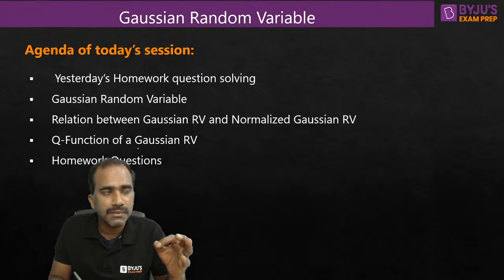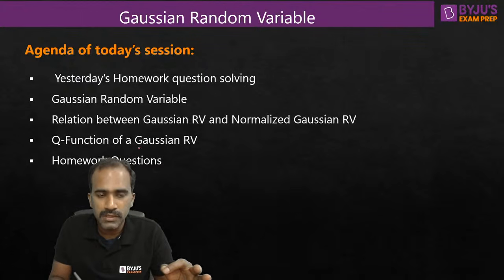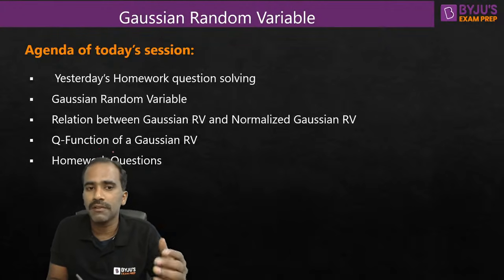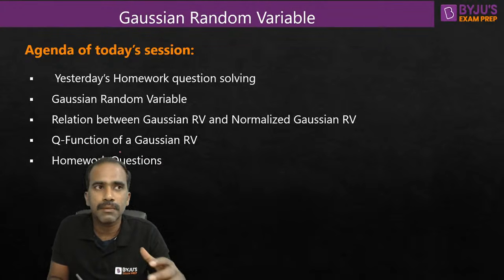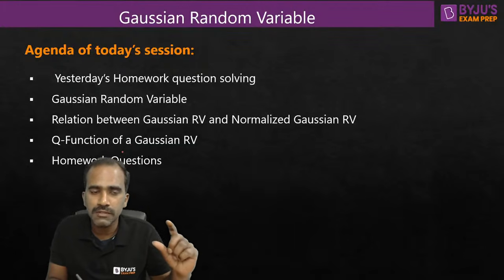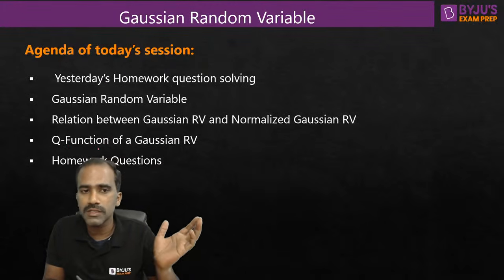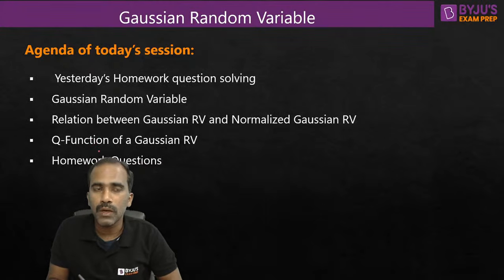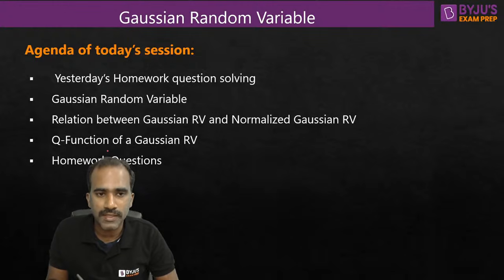Whenever a question is given based on Gaussian random variables, the options will be in the form of Q function or capital F function. When I say capital F function, it is the cumulative distribution function of Gaussian random variable. So the options will be in the form of Q function or CDF. What exactly is this Q function, and what is the relation between Q function and CDF? We'll talk about those things.